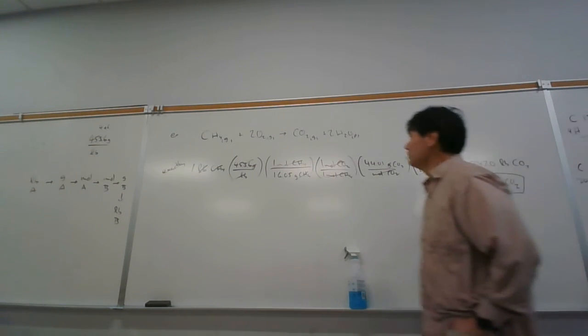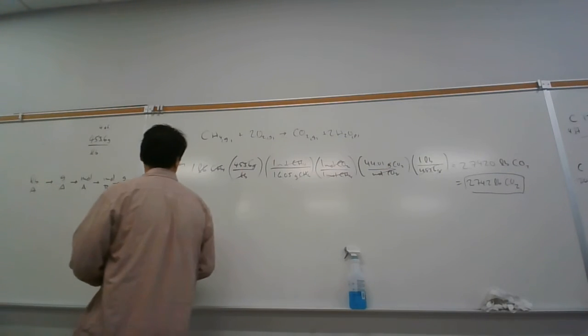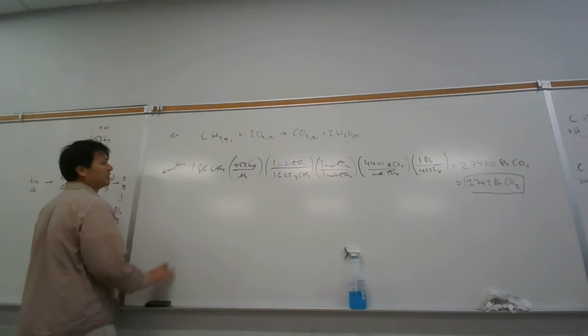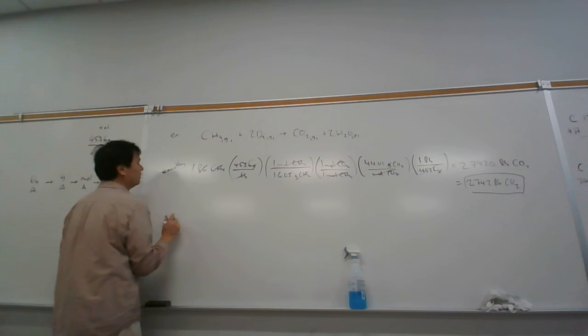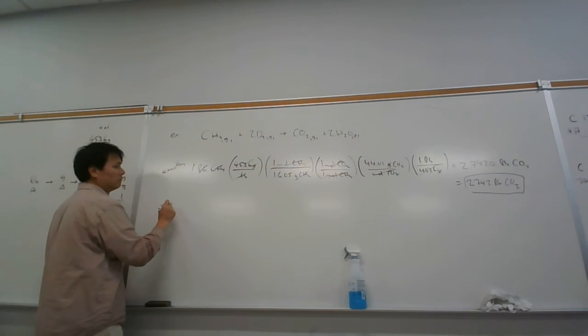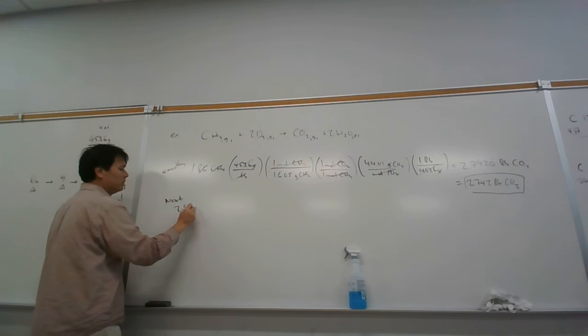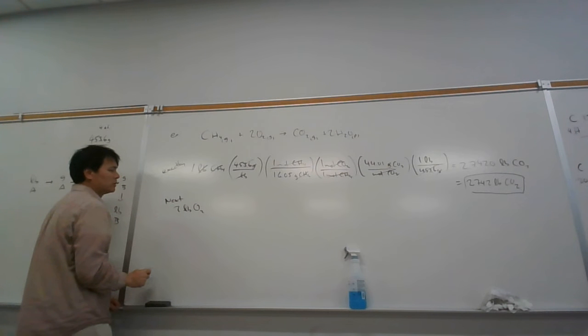How many pounds of water did we produce? Well, actually, maybe we'll do O2. How many pounds of O2 will I need to combust it? This is the next calculation. Pounds of O2 required for combustion.